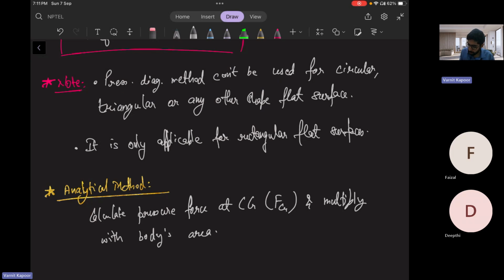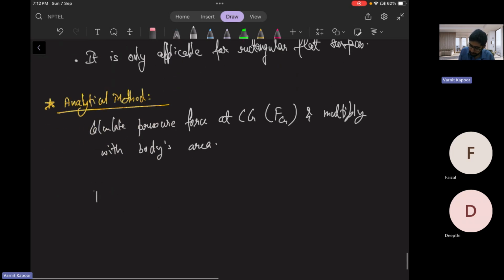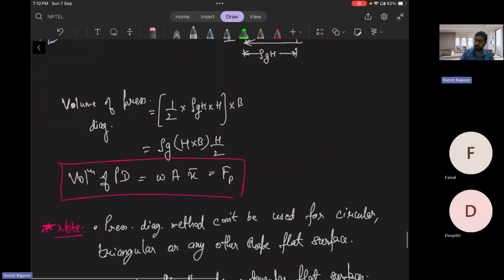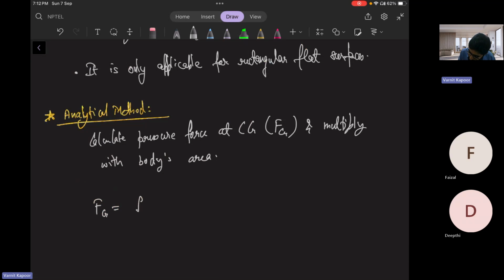Okay, so what will be Fg? It will be rho g into x bar, because the center of gravity is at x bar. So it will be rho g x bar. And what is area?